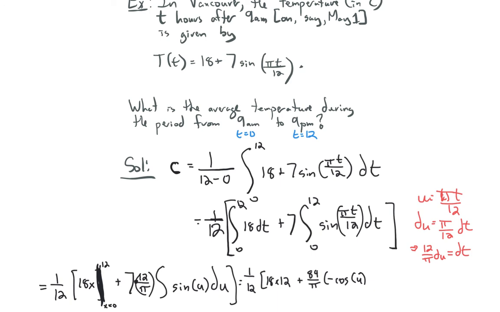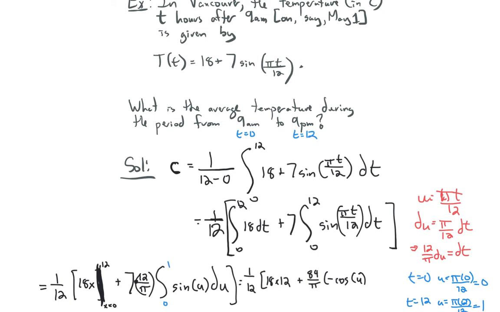When t equals 0, we have that u is pi times 0 over 12, which is 0. And when t equals 12, u is pi times 12 over 12, which is just pi. So this is indeed the integral from 0 to pi.